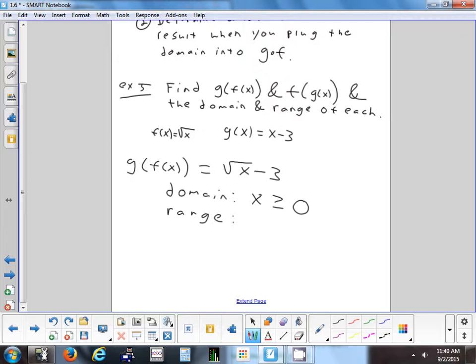And the range. Well, if you're not sure of the range, graph it. And look at how high and low the graph looks like it's going to go. So let's graph the square root of x minus 3.